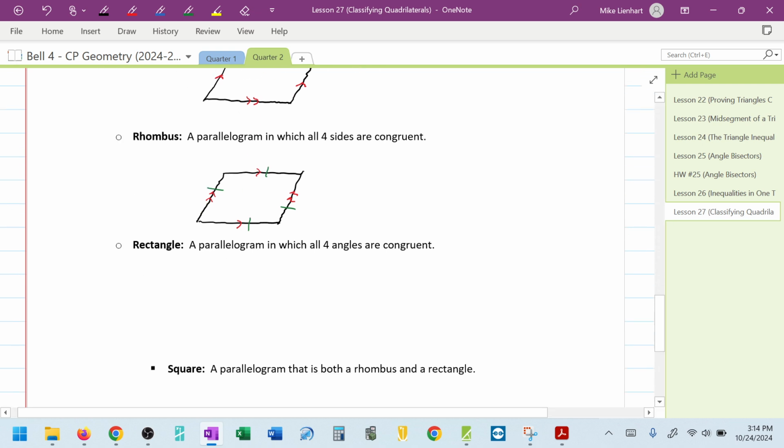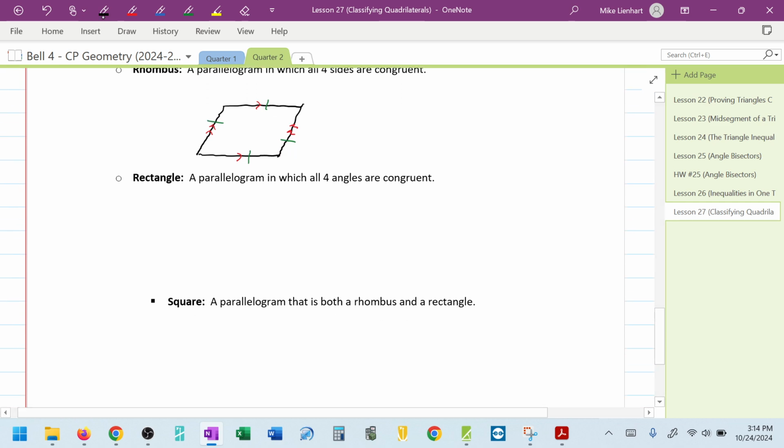Okay? What about a rectangle? What makes a rectangle? It's a parallelogram, but this parallelogram, what makes it unique, so let me continue making a parallelogram. There, it's a parallelogram, two pair of opposite sides parallel.